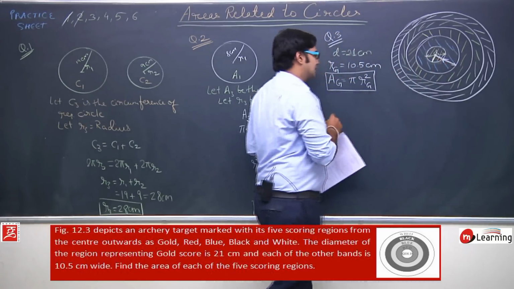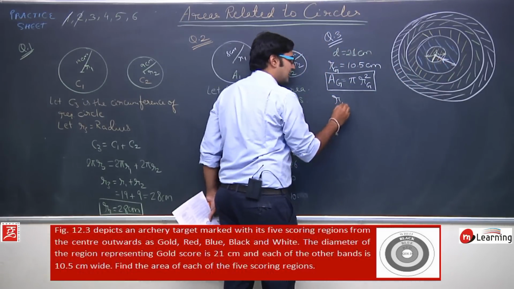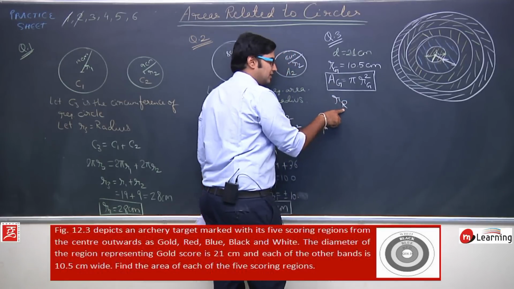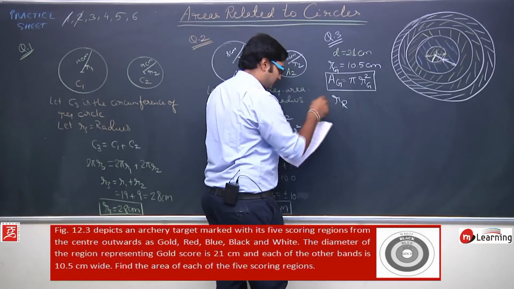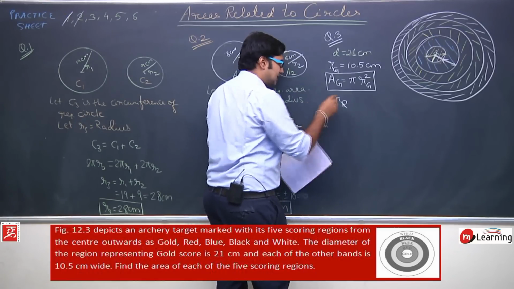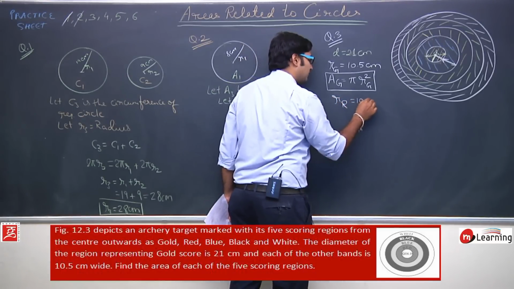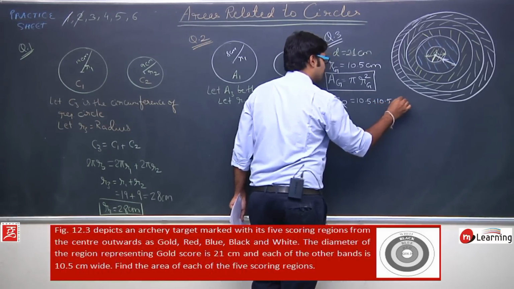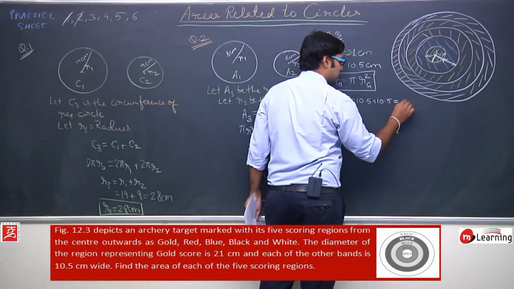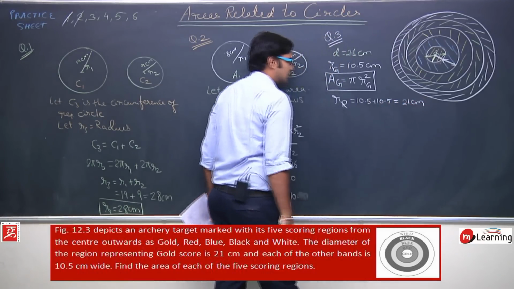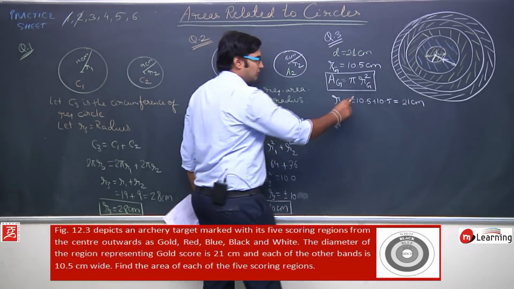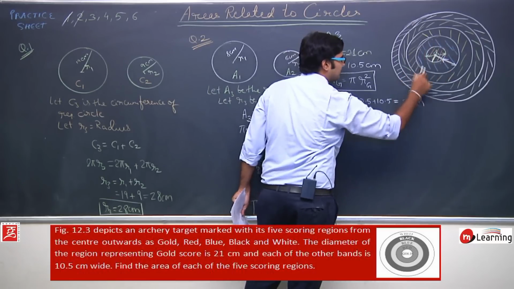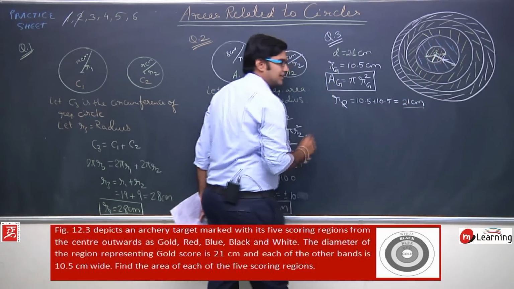So the radius of the red region, R subscript R, is equal to 10.5 plus 10.5, that is 21 centimeters. The radius of this complete region is 21 centimeters.